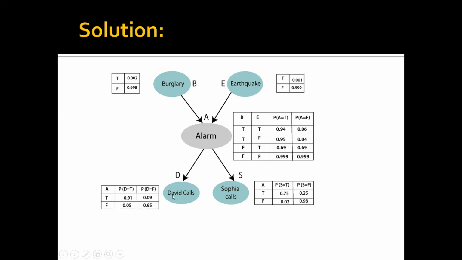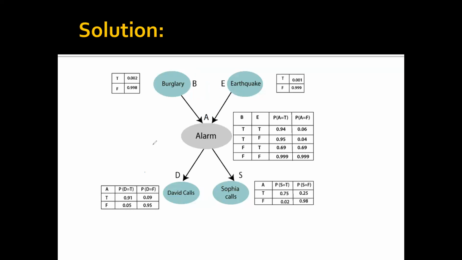From the graph, first we have written for D by A, this relationship, then for S by A, then for A, which was dependent on both these conditions or events, and then the last events, B and E. But since these events were in the negation or negative form, we have written the equation in this form. So I hope this is clear how we are deriving this expression for the Bayesian belief problems.